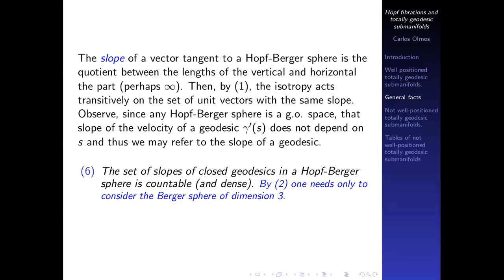Since any geodesic is contained by an element of a group in a three-dimensional Hopf-Berger sphere, in order to prove this it is sufficient to prove it in the Berger 3 sphere.